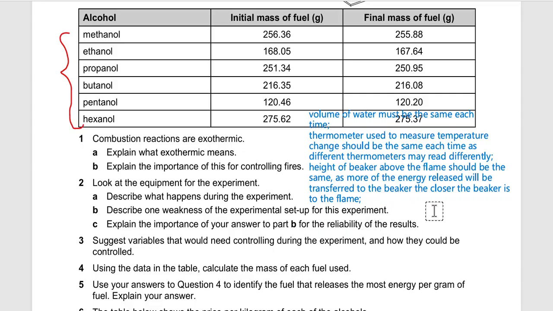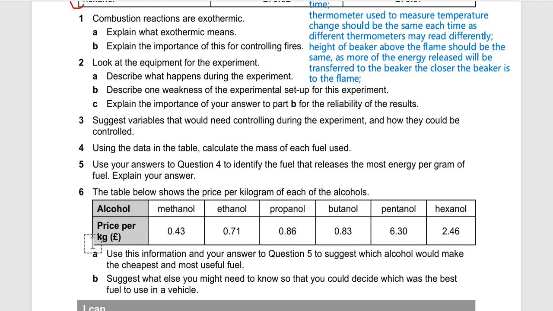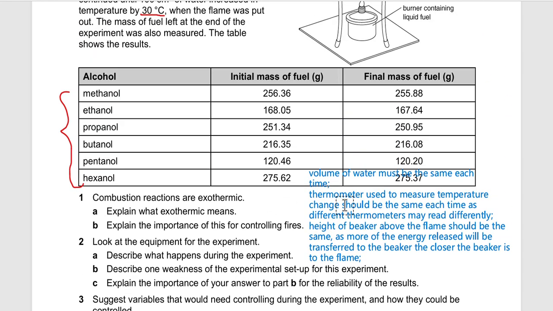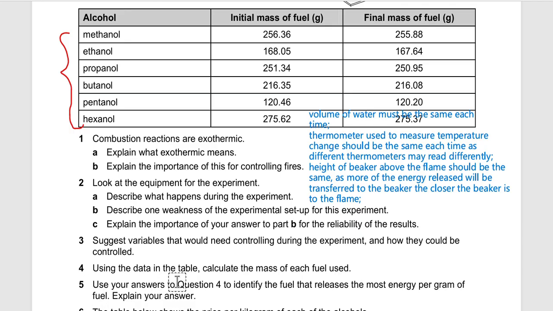Alright? Okay. Next, question 4. This is using the table given here. Calculate the mass of each fuel used. I'm sorry, it's not with this one, it's relevant to this table, right? So you have to use the data in this table and find out for each alcohol how much mass is used.